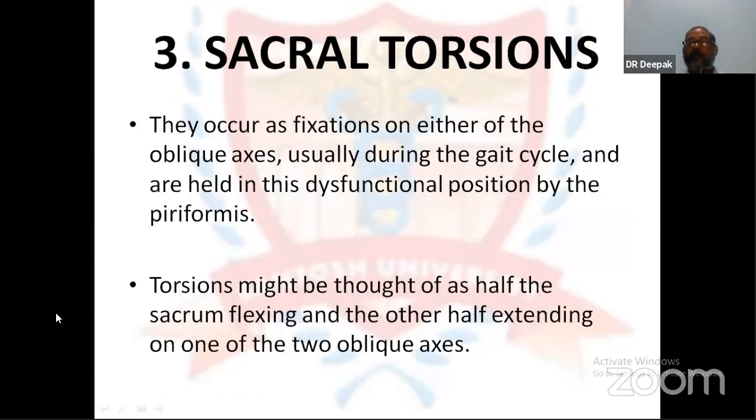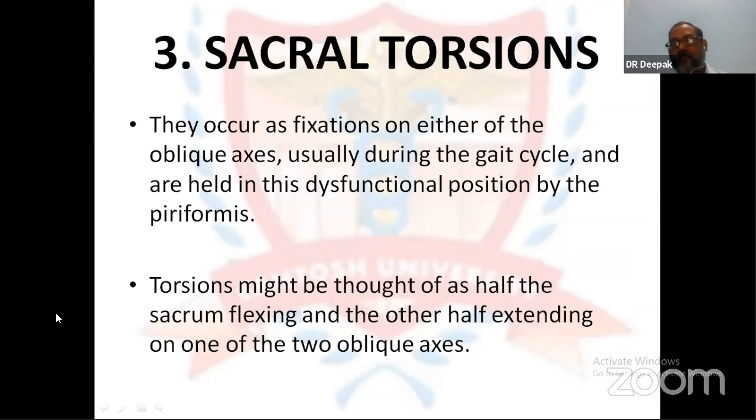Right. Next is sacral torsions. Sacral torsion means the sacrum is rotated either to the right side or to the left side. So what is this torsion? They occur as a fixation on the oblique axis, like this base sacrum anterior or posterior dysfunction. I already told you that the sacrum is stuck in the anterior or posterior direction.